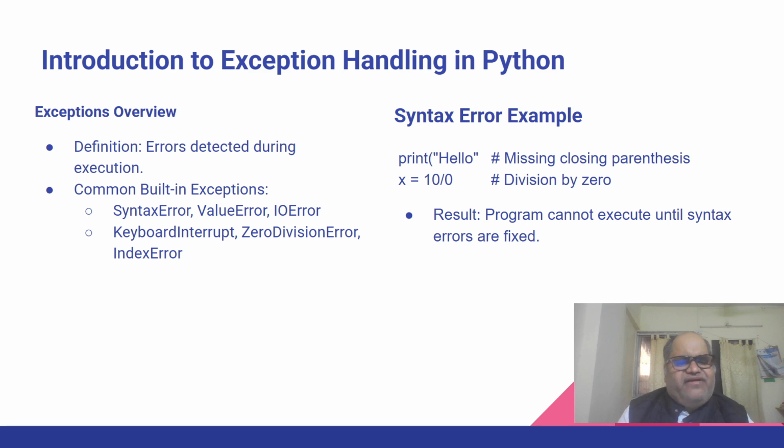Then IO error will be there when you try to open, say, a file that doesn't exist, and several variations thereof. Keyboard interrupt will be there when the program is executing and you press some combination of keys like control delete that will stop it, so that will result in a keyboard interrupt exception.